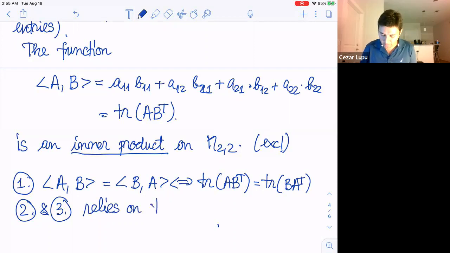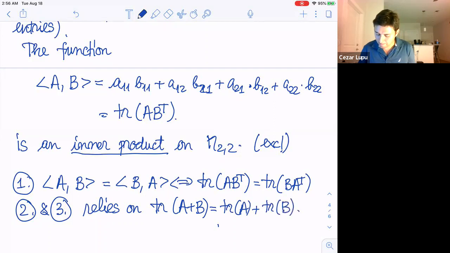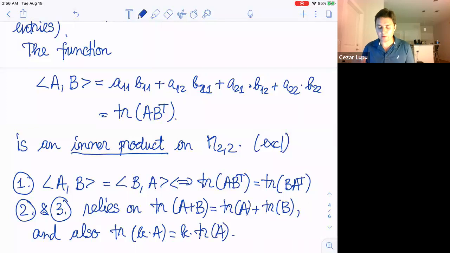So the fact that the trace of a plus b is the same as trace of a plus trace of b, and also that the trace of a scalar k times a is k times the trace of a. So they rely on these two.